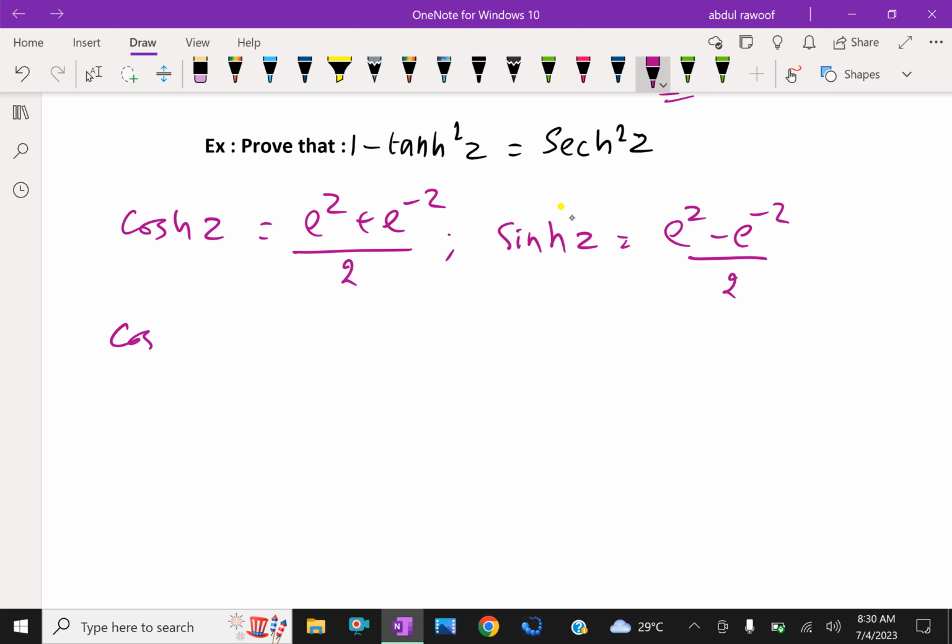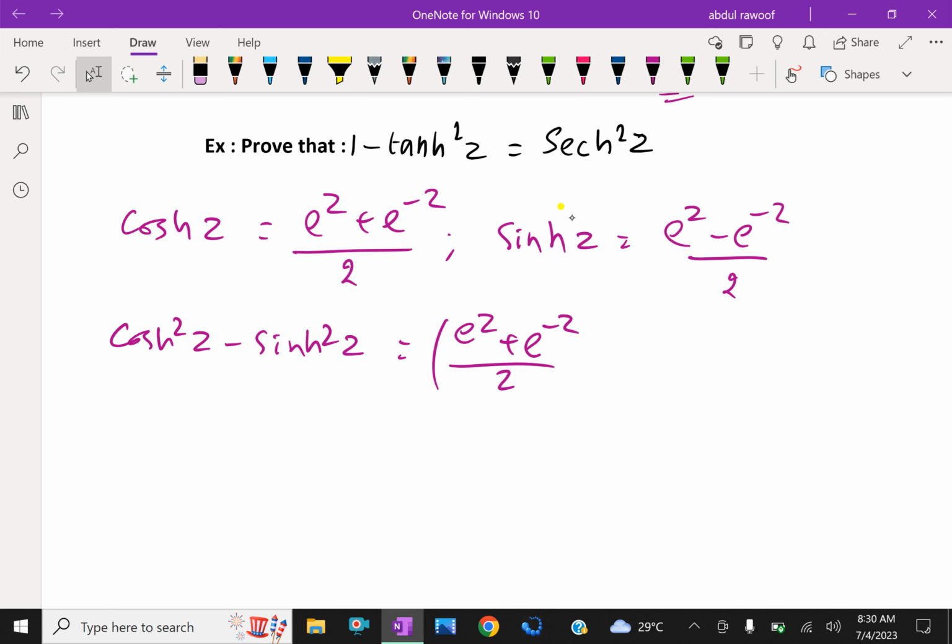From this we can write cosh² z minus sinh² z, which is ((e^z plus e^(-z))/2) squared minus ((e^z minus e^(-z))/2) squared.